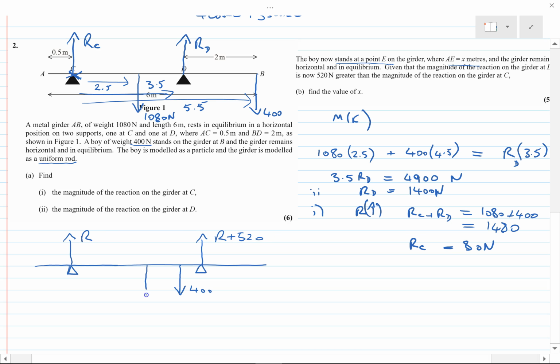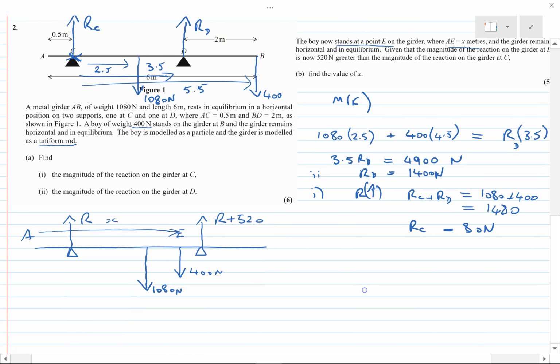And we've got the weight again acting in the centre because it's a uniform rod. So that's A, that's E, and it wants the distance AE, which I'll mark on as x on my diagram. Again, just like the last question, it's much easier to work out R first, by resolving vertically.